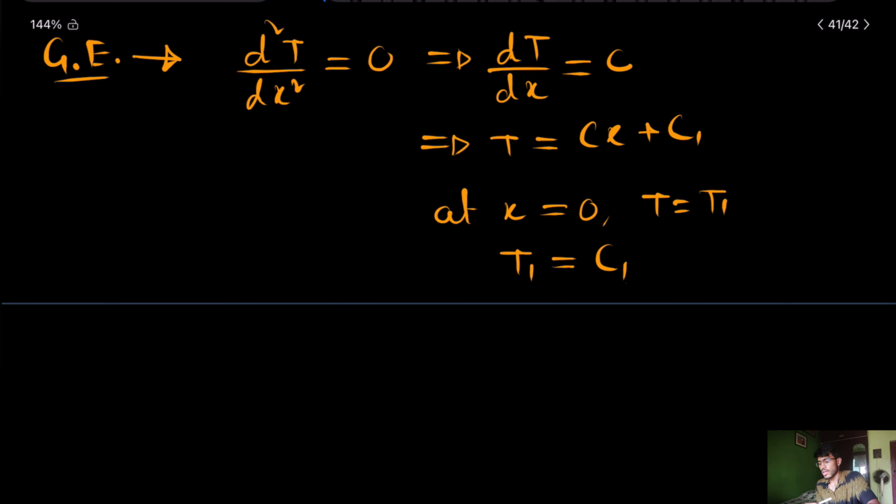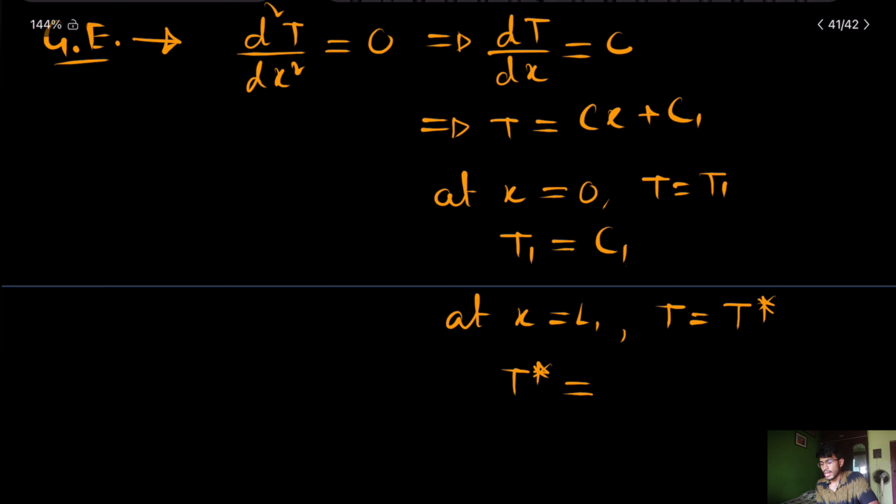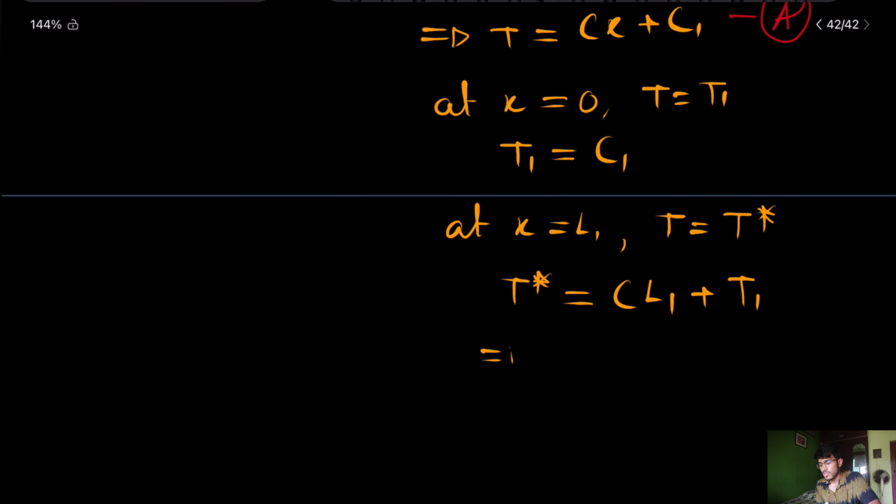Now I can also write at x equal to L1 I have some temperature, that I am writing as T star. I don't know T star, but I will find that. In terms of T star, I am labeling this as equation A. So C into L1 plus C1 is T star, so my C is T star minus T1 by L1.